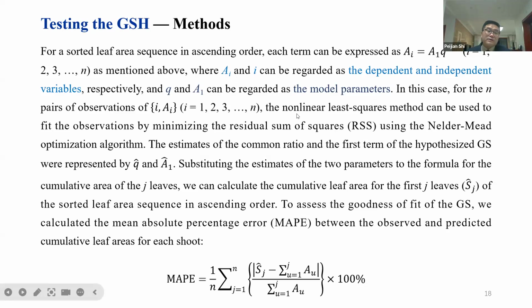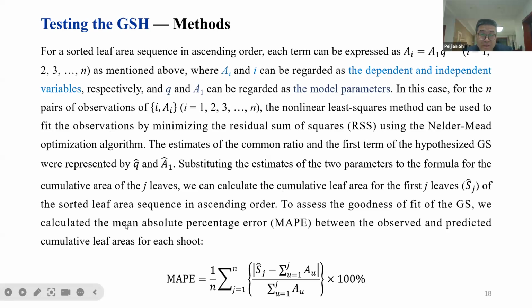So for the n pairs of observations of I and AI, we can use the non-linear least squares method to estimate them.